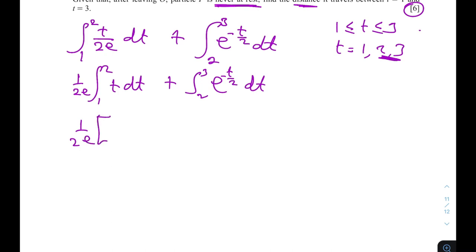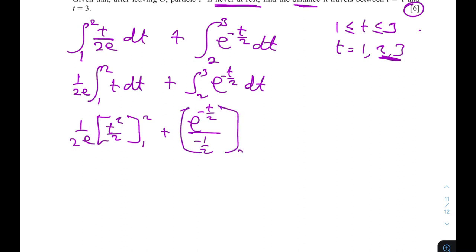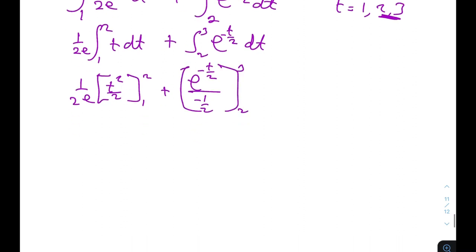You have t squared over 2 from 1 to 2, plus the same thing divided by a negative half, also from 2 to 3. Then we are going to have 1 over 2e into bracket, 2 squared over 2 minus 1 squared over 2.